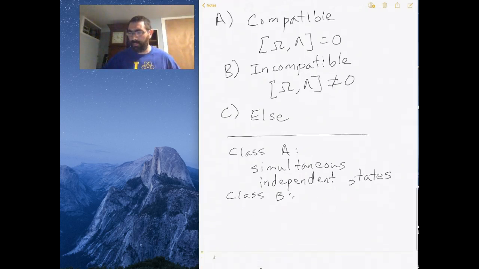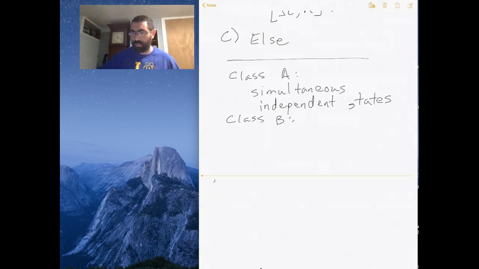So they're no longer independent, and an example is something like position and momentum, so that when we take the commutation of the operators of position and momentum, we get something like i h bar. We'll come back to this when we start talking about the Heisenberg uncertainty principle.